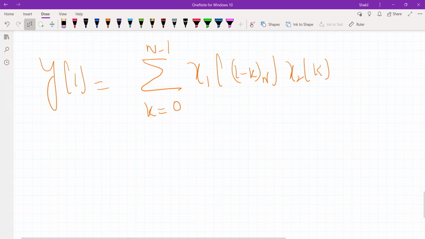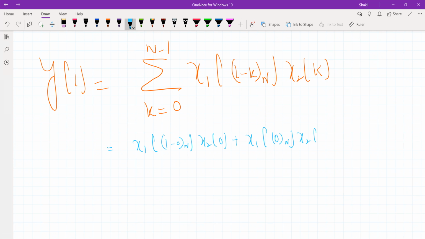So let me first substitute the values of k. It will be x1 of (1 minus 0) modulo n, times x2 of 0, plus x1 of (1 minus 1, that is 0) modulo n, times x2 of 1, plus x1 of (1 minus 2, that's minus 1) modulo n, times x2 of 2, plus x1 of (1 minus 3, that's minus 2) modulo n, times x2 of 3, plus so on.